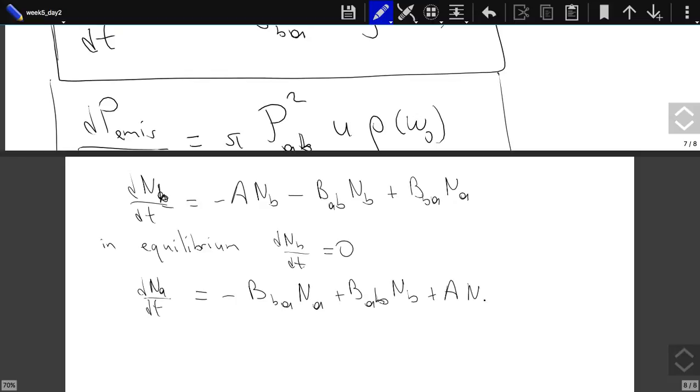And each de-excitation of the B atoms will increase the number of A atoms. Now this is kind of expected also because d(NA + NB)/dt should be 0. The total number doesn't change. If NA changes by 1, then NB changes by 1.